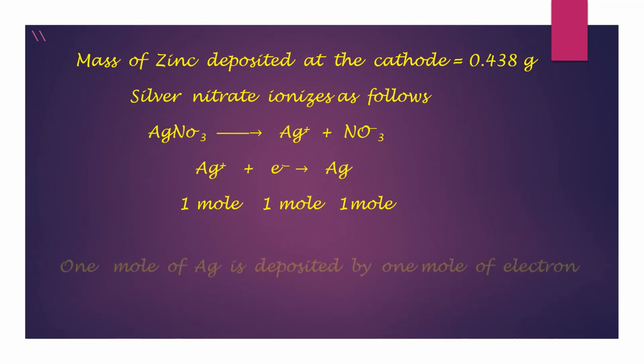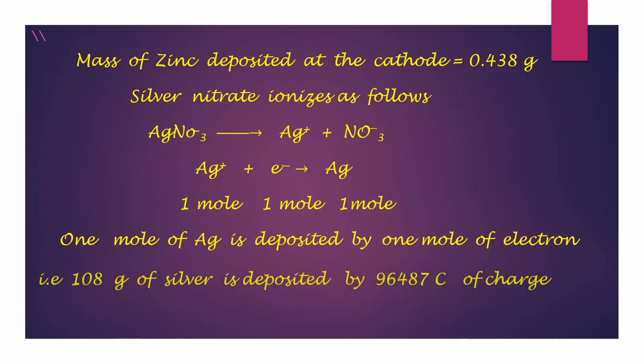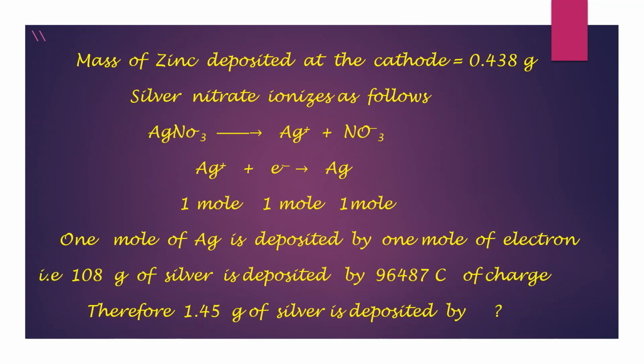Okay, so according to this equation, 1 mole of Ag is deposited by 1 mole of electron, but the charge of 1 mole of electron is 96,487 coulomb. It means that 108 gram of silver is deposited by 96,487 coulombs of charge. Therefore, 1.45 gram of silver is deposited by how much?